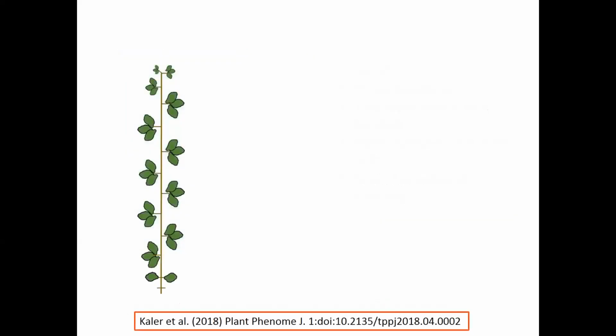So a little bit on how we sampled the plants. From each plot, we selected 5 individual plants. From one plant, we took the center leaflet off of every main stem nodal position.